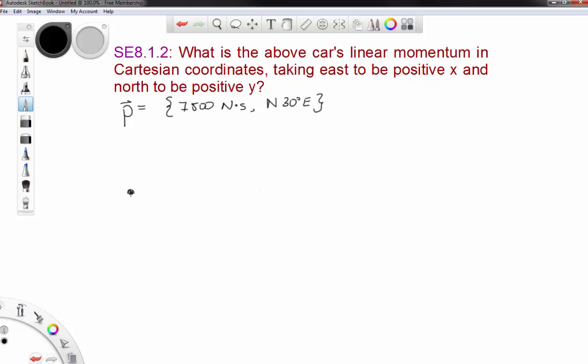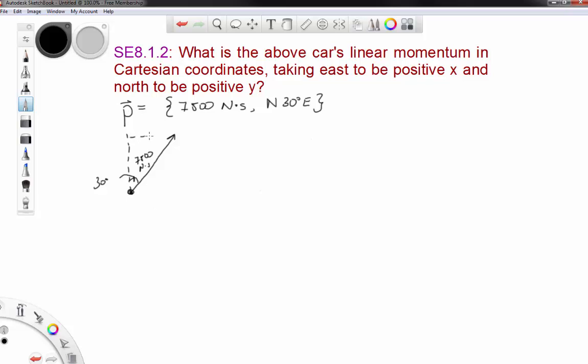So here's our object. The momentum has a magnitude of 7,500 Newton seconds in this direction, and basically this direction is 30 degrees east of north, so this angle right here is 30 degrees.